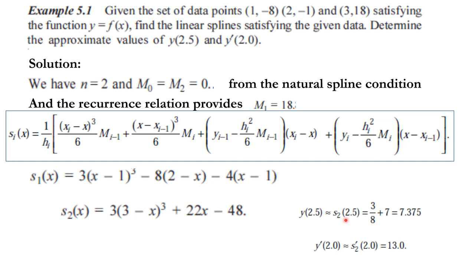Substituting x equal to 2.5, we get y of 2.5 equal to 7.375. And y prime of 2.0 is equal to 13. To find the first derivative at this boundary, we can use both equations, any of the equations. Both will give the same result.